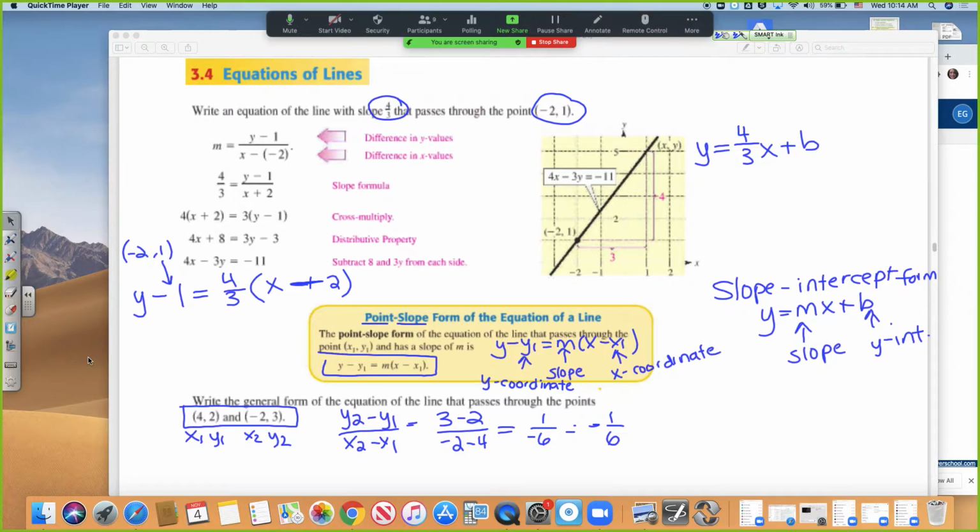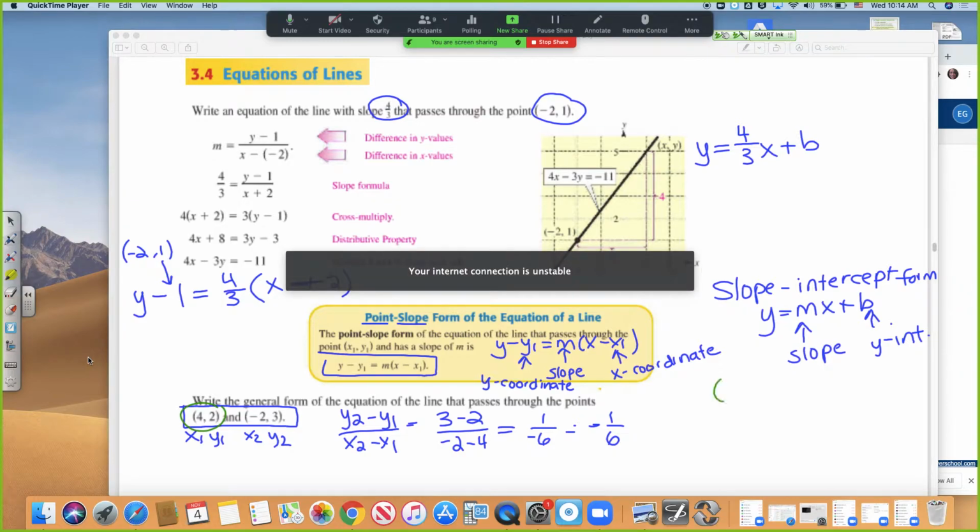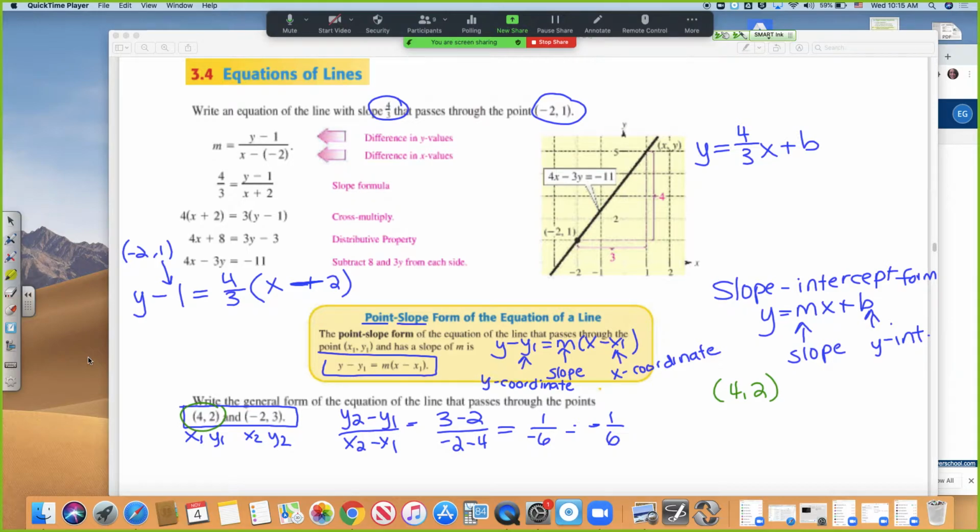So, if I change my color and I use green, I'm going to use this point here, 4, 2. If I use this point, 4, 2, and this slope, -1/6, and I put it into this formula here, the formula says take y minus the y-coordinate, which this is the y-coordinate, so it's going to be y minus 2, equals, following the formula, the slope.